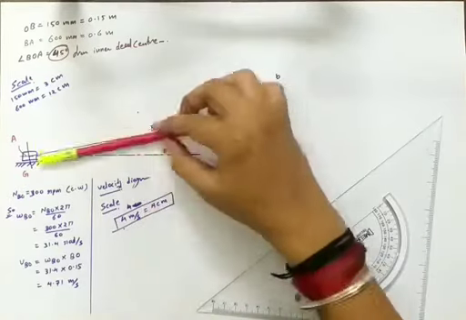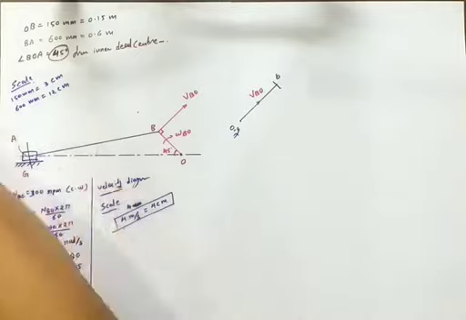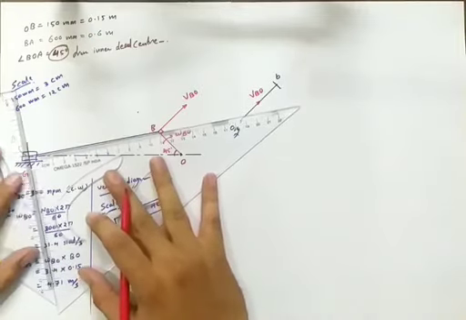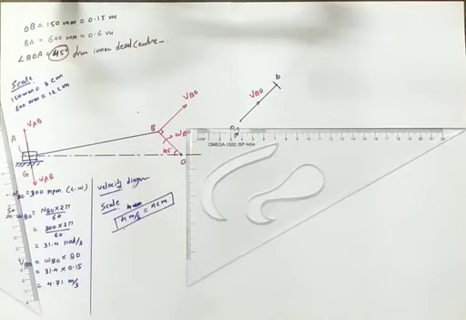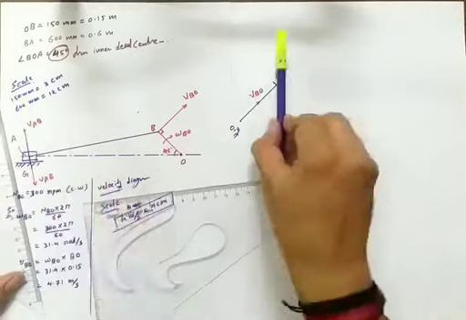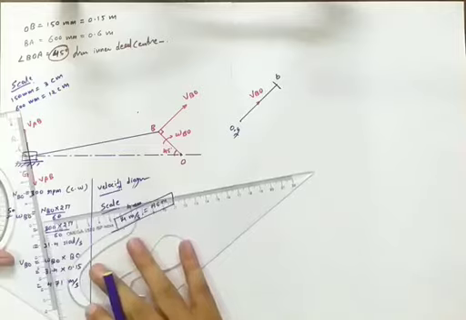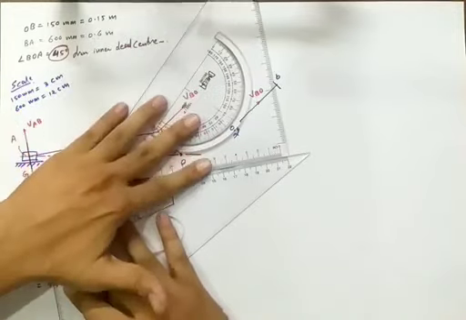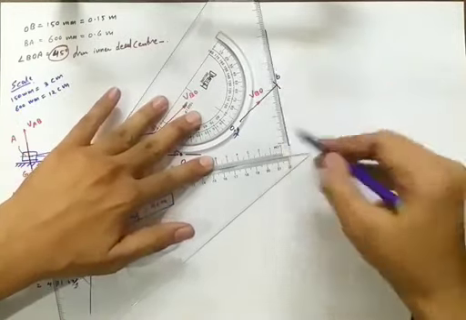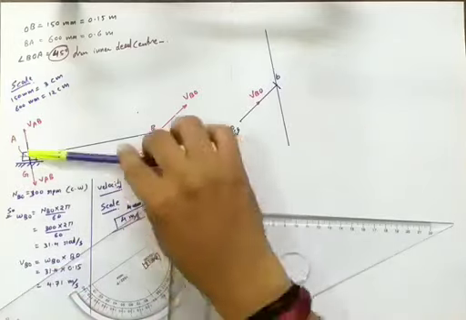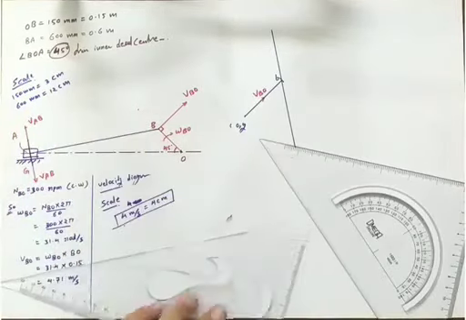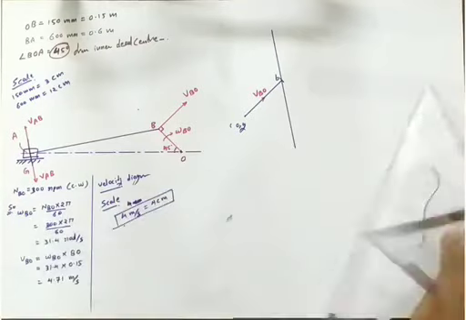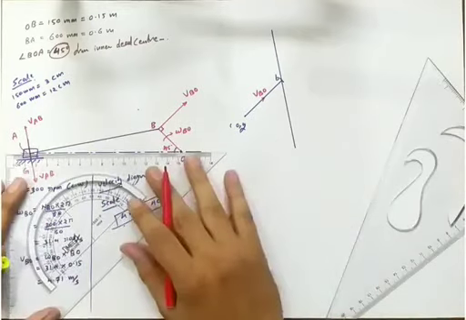Now with respect to B point, the A can move in like this or this direction, so we just predict, okay, like this or in this. So we will shift both the directions to the point B with the help of set squares. And secondly, the slider can move in horizontal direction, so again we will predict both the directions, and we will shift to the velocity diagram.